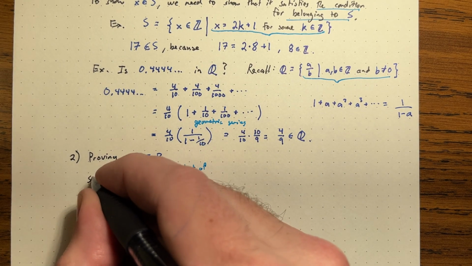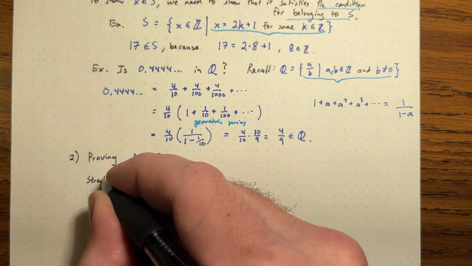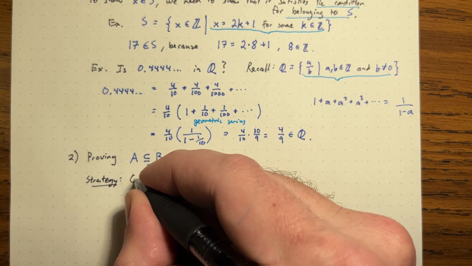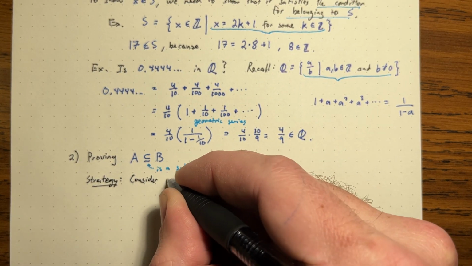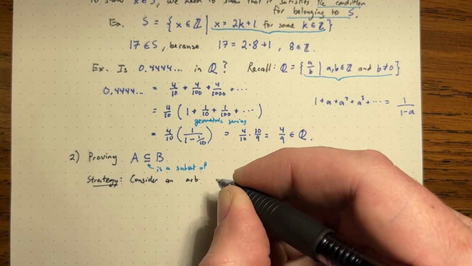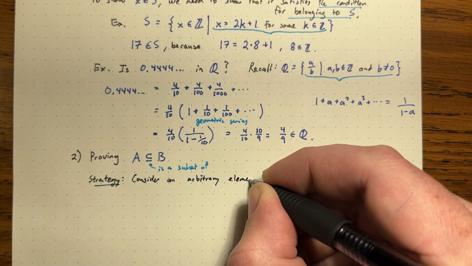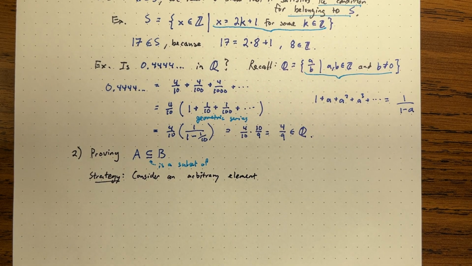And here's going to be our strategy. There's a standard strategy: you consider an arbitrary element of the smaller set, the one you're trying to prove is in the bigger set.